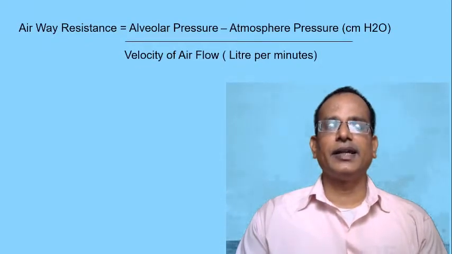So the formula for airway resistance is equal to the alveolar pressure minus atmospheric pressure, in centimeter H2O. Usually alveolar pressure will vary from one alveolus to another, and atmospheric pressure is 760 mmHg, divided by the velocity of airflow.